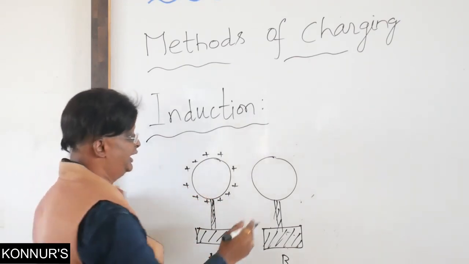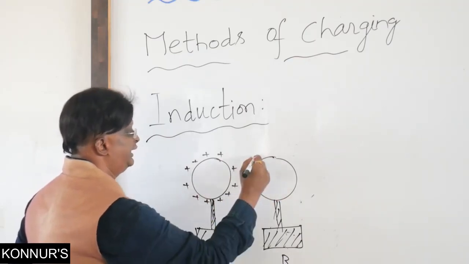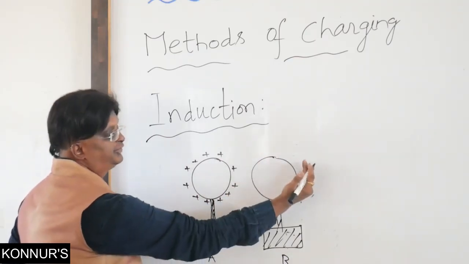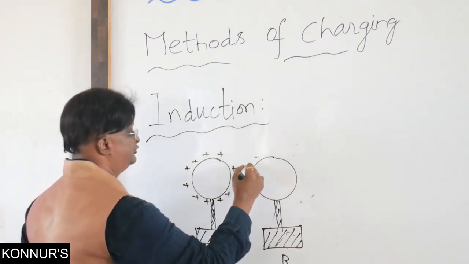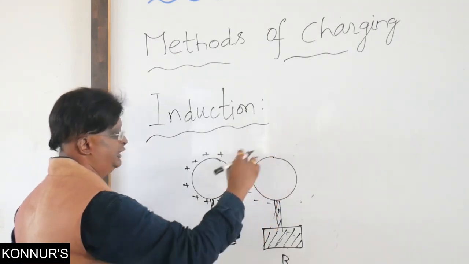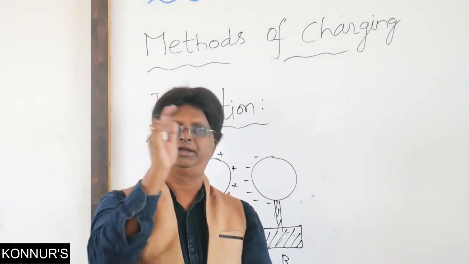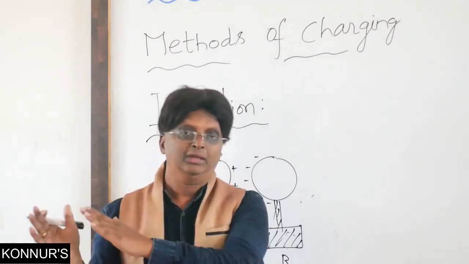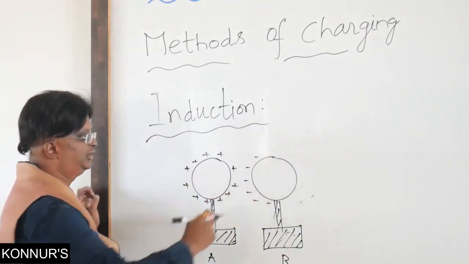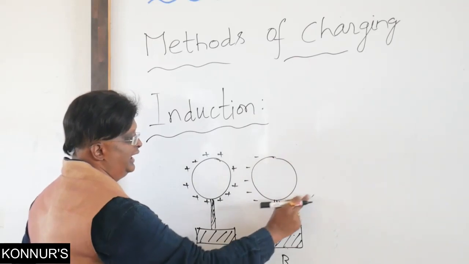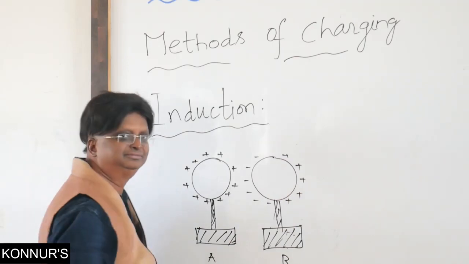Therefore, now the tendency is that all the electrons show a tendency of moving towards A. All the electrons from this end to this end, as if they migrate. So at this end, all the electrons will now appear. Earlier there were free electrons in a distribution such that the net charge was 0 at any place. But now, due to this kind of migration caused by the attraction from this positive charge, electrons now appear here. Here the lack of electron situation will be there. Therefore we call that plus.